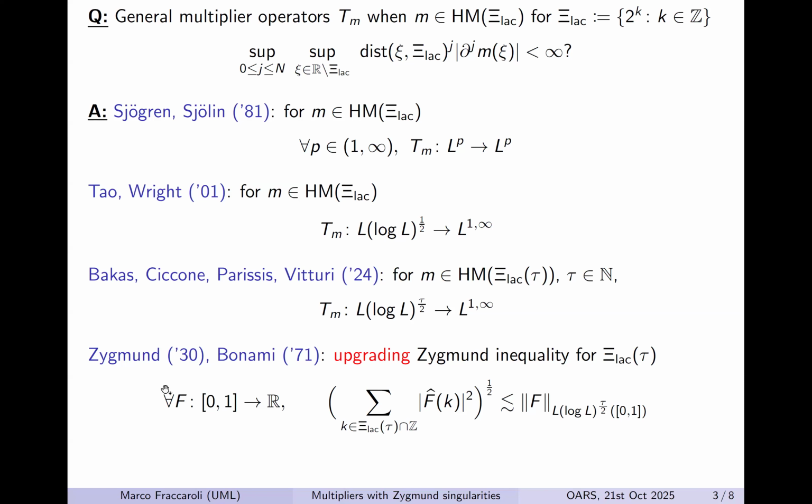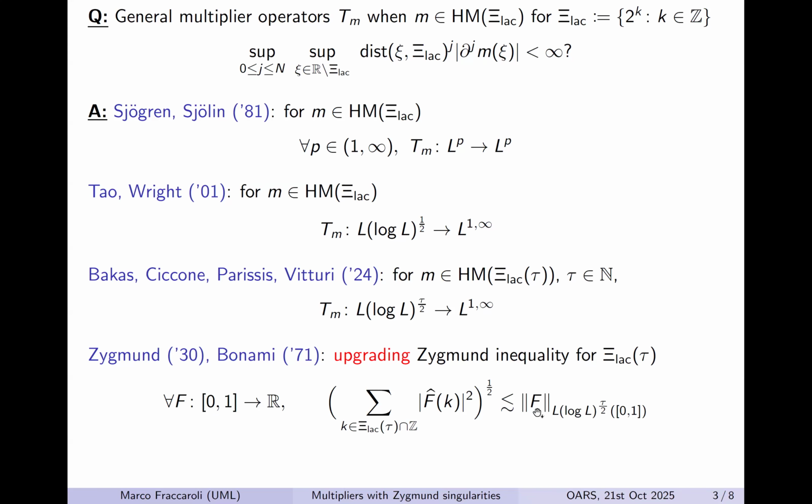It says that if we have a periodic function on the interval 0, 1, and if we look at its Fourier coefficients, but not all of them, just the ones that correspond to lacunary frequencies, then the small l2 sum of these coefficients is going to be bounded by the L log L to the tau over 2 norm of the original function f.